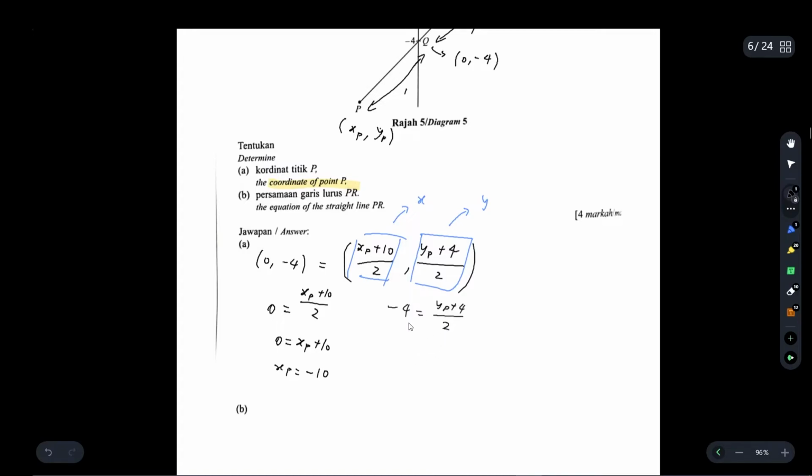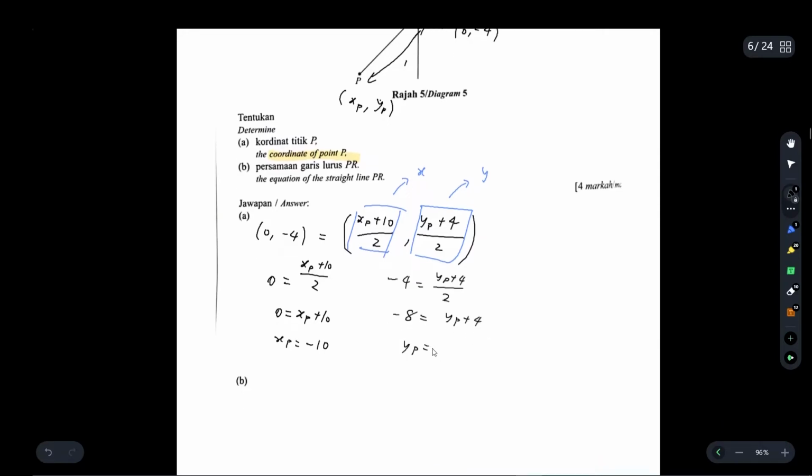The division, we throw it to the other side, we have multiplication, and 2 times negative 4 is negative 8, so yP plus 4 equals negative 8.